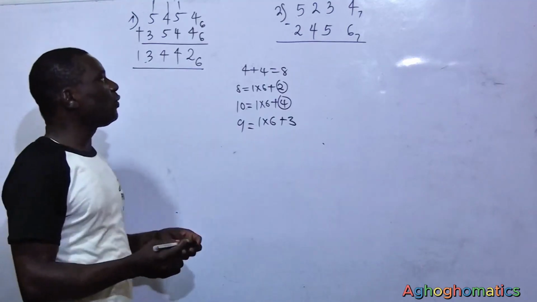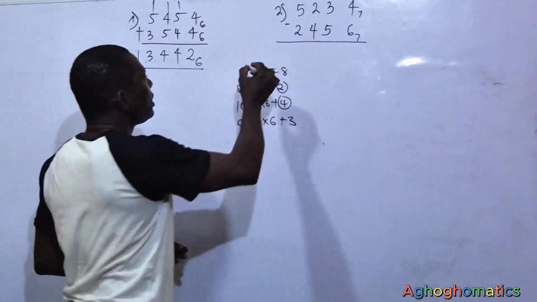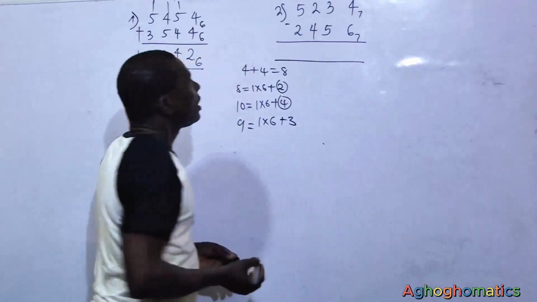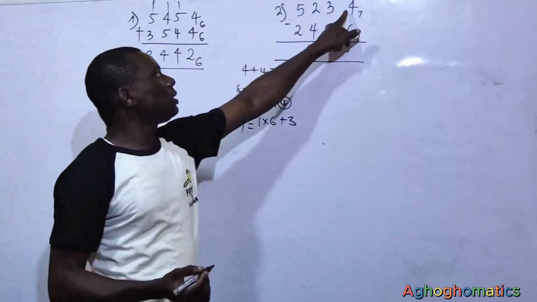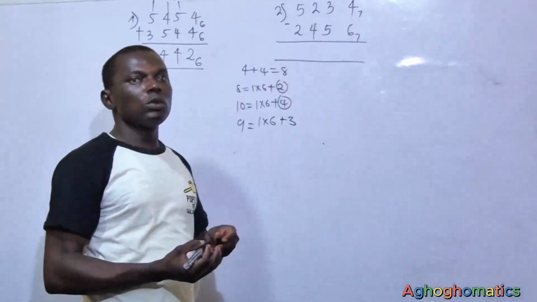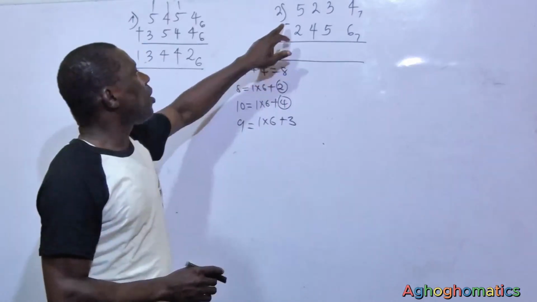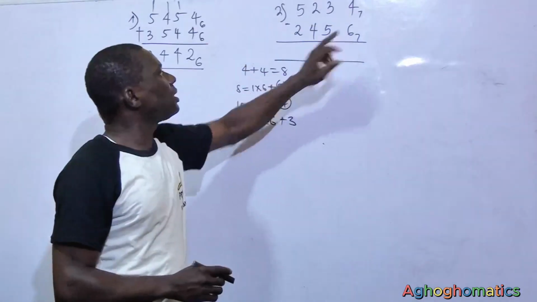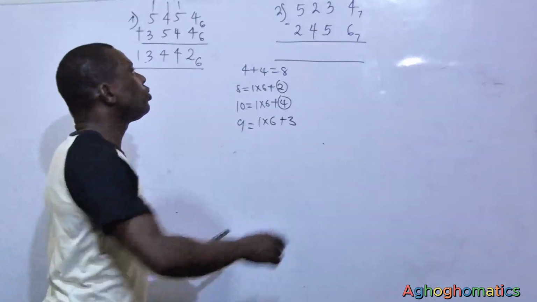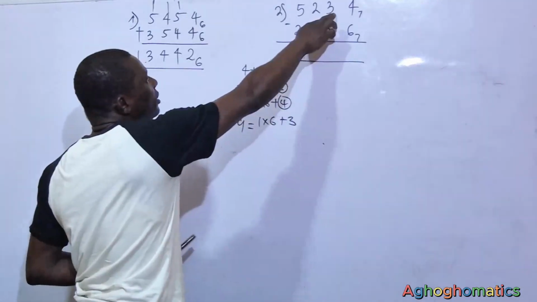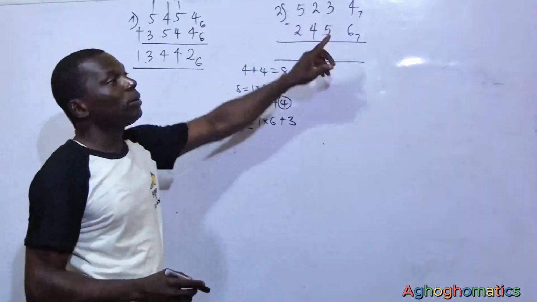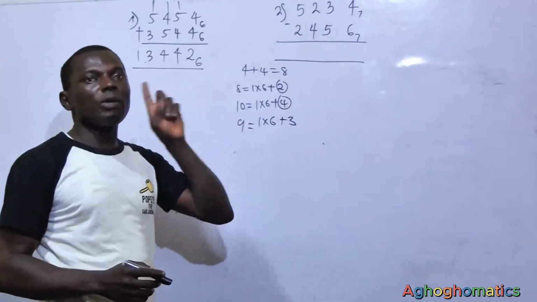Now let's look at the case of subtraction and see what is obtainable. Look at the number we're trying to subtract from. Now 4 minus 6 is not possible. We need to borrow from the next digit to the left, and the number borrowed represents the base.